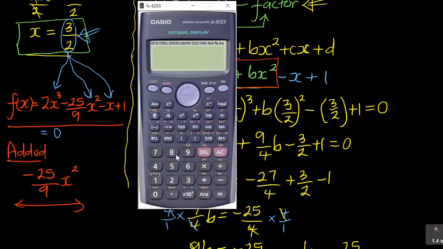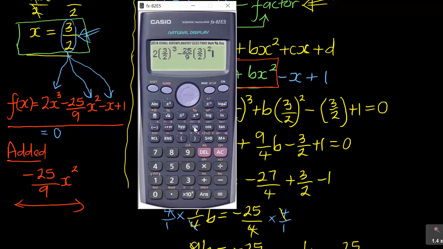I'll be having 2 times 3/2, and then it is cubed, minus 25/9, and that I'm multiplying by 3/2 squared.